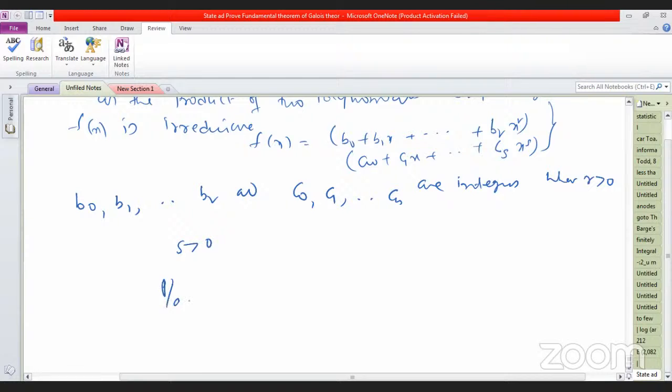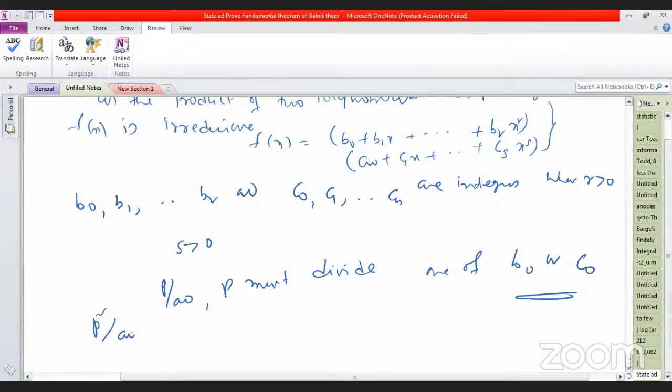So therefore p divides a0, p must divide one of b0 or c0. It is correct or not? Yes, sir. So a0 is equal to b0 c0. So p squared does not divide a0, p cannot divide both b0 and c0.